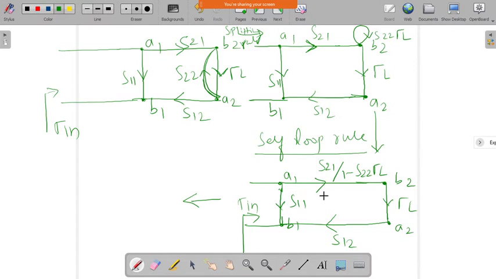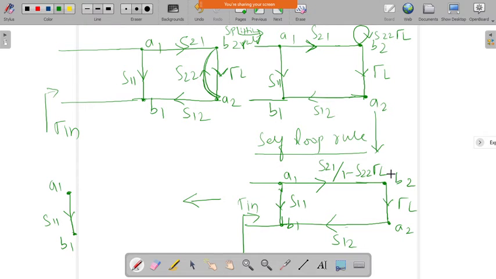Now after this, we can reduce using the series rule. You can see this arrow, this arrow and this arrow can be reduced into a single branch using the series rule. If I do that, from A1 to B1 we earlier had S11.